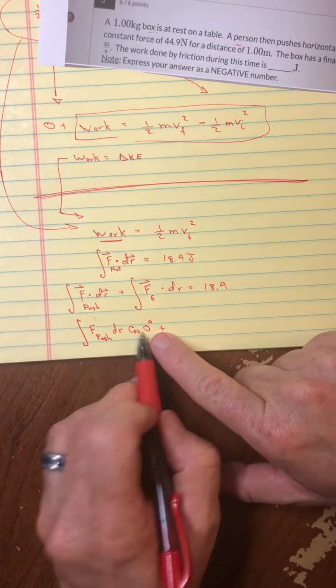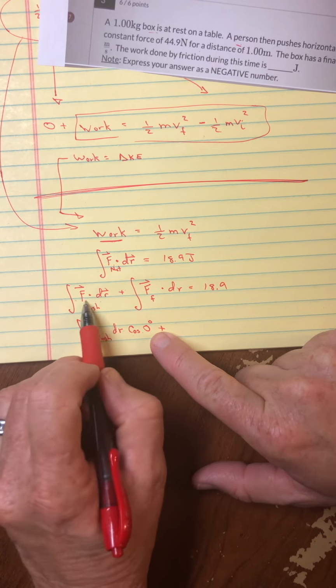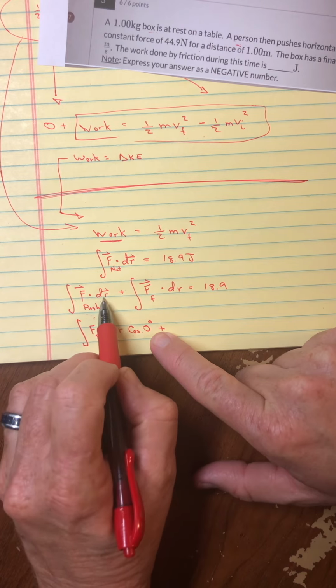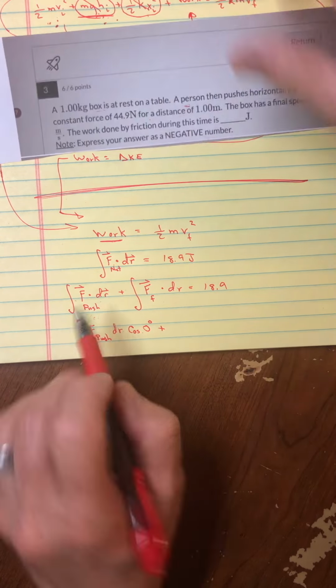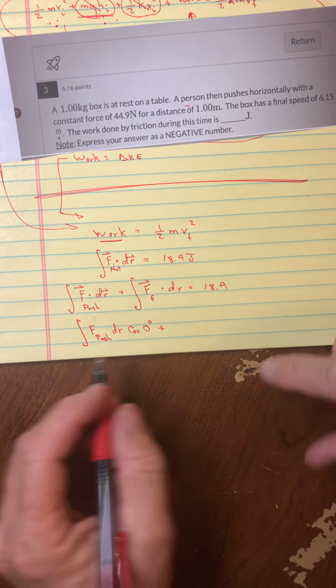Because remember, this angle is the angle between these two. And so these two as a vector here are what direction do you push it and what direction does it move. And this tends to imply they're going the same direction, so there's zero angle between them.